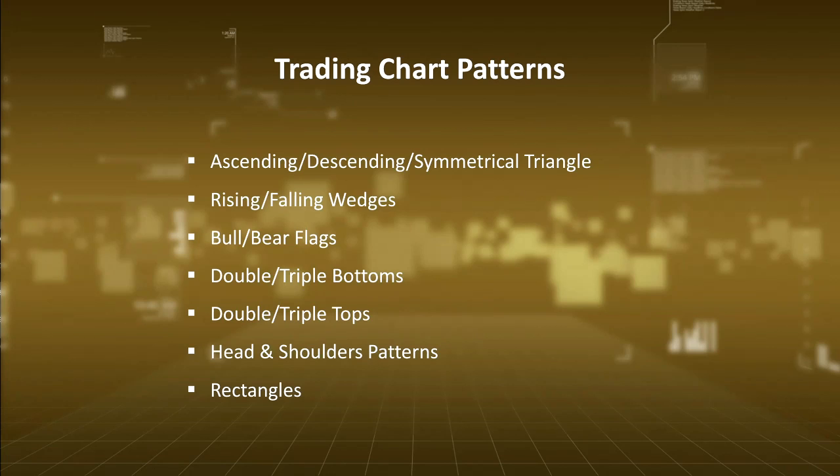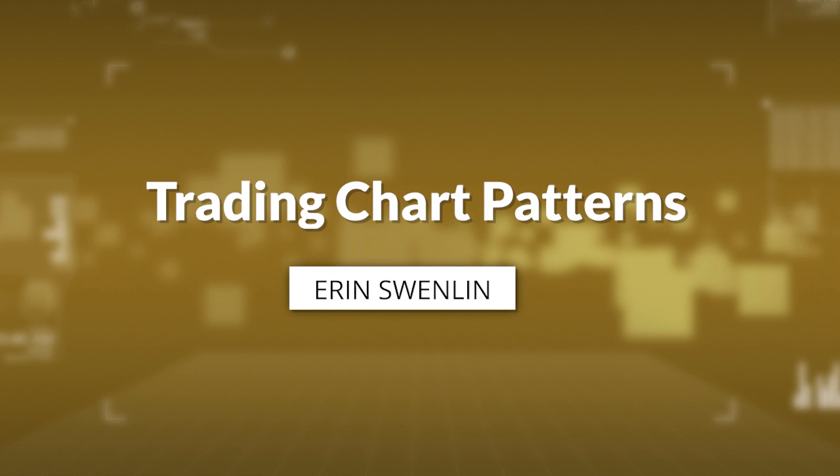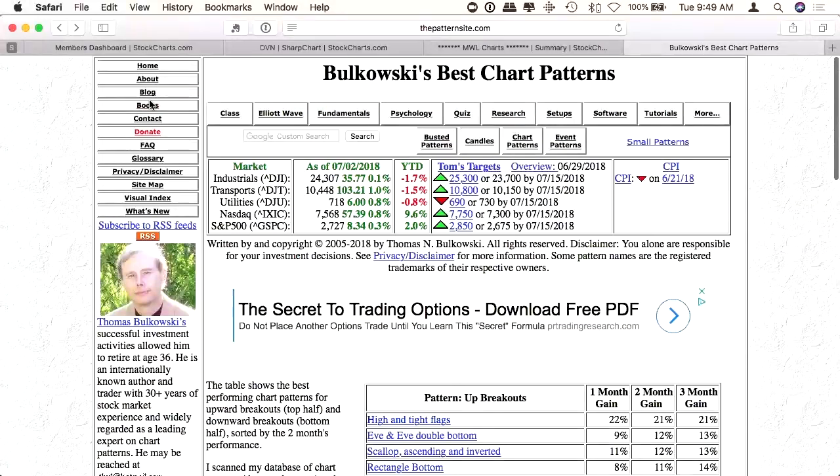The other thing is, like I said, looking for the best setups. So have fun, go out there and check out these patterns. And I do have a great reference for you. And I'm going to just go back very quickly. Thomas Bulkowski is the man when it comes to chart patterns. And if you go to the pattern site, you will see all of his books and his targets.